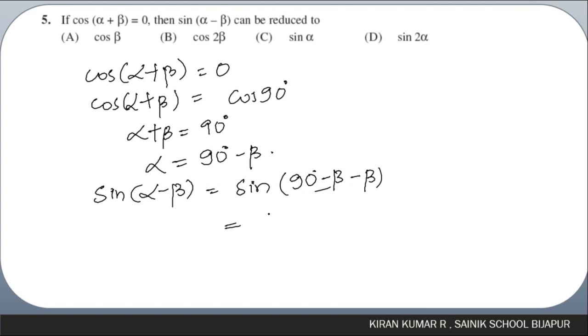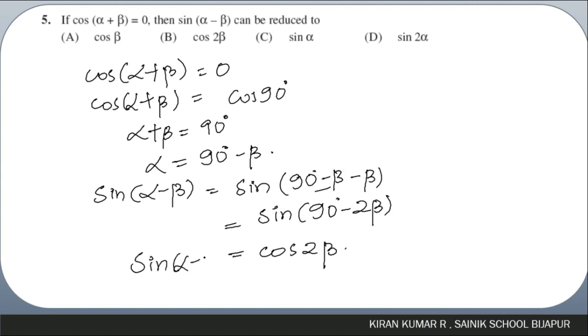This becomes sine of 90 degrees minus 2 times beta. Sine of 90 degrees minus 2 times beta is the same as cos of 2 times beta, by complementary relation. So sine of alpha minus beta will become cos of 2 times beta. Therefore, option B is the right answer.